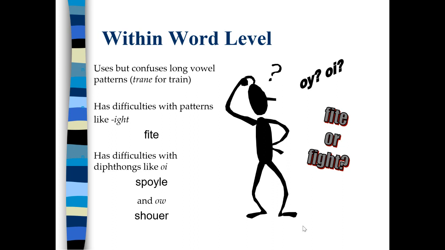And then sometimes in this particular spelling level, these kids struggle with the oi sound or diphthongs and need to be explicitly taught when to use the OI, when to use the OY, when to use an OW, and make sure those kids understand the sounds that those letters together make in a diphthong.